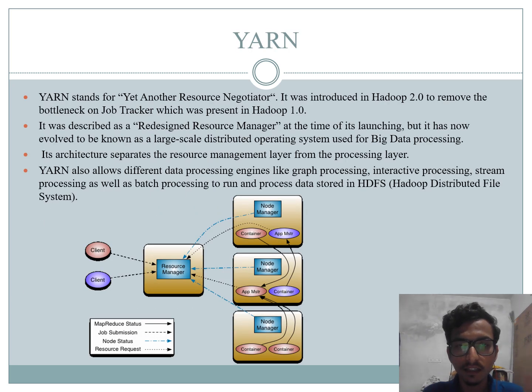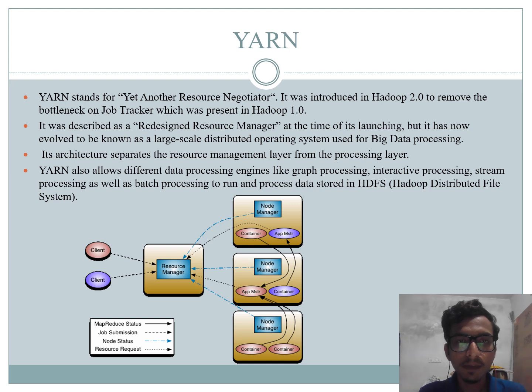Then there is YARN, that is Yet Another Resource Negotiator. As I said, there is a parallel processing system, so there is the need of a scheduling system. YARN is what actually schedules the resources, as resources are very necessary in processing the data.